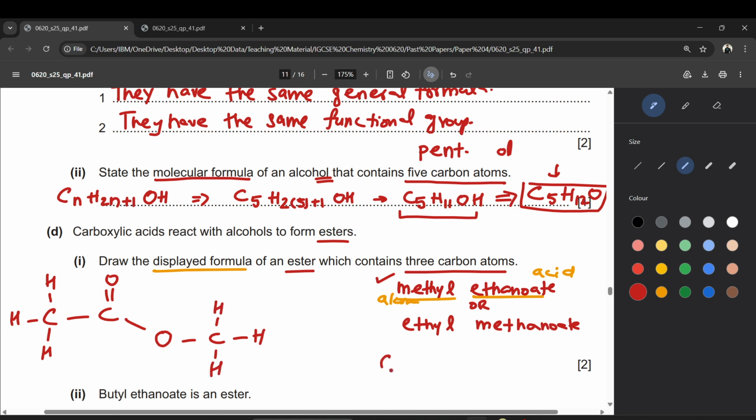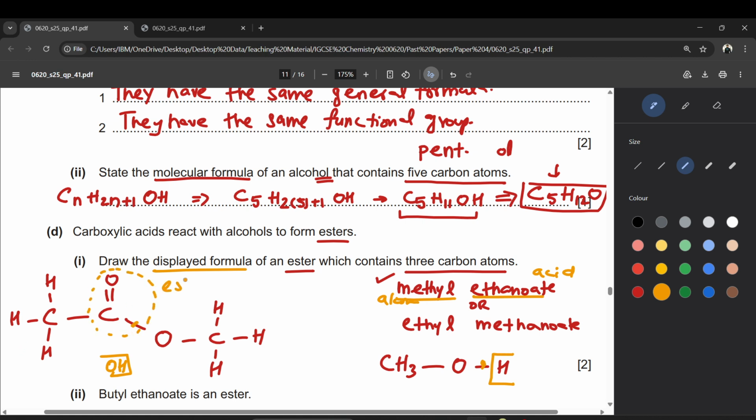So let's say methanol is this: CH3, and after that you have O and H. The hydrogen of the alcohol and the OH of the acid are both removed. They combine to give you water as the second product, and this part of the chain is connected to this part of the acid's chain. So now you have an ester link.